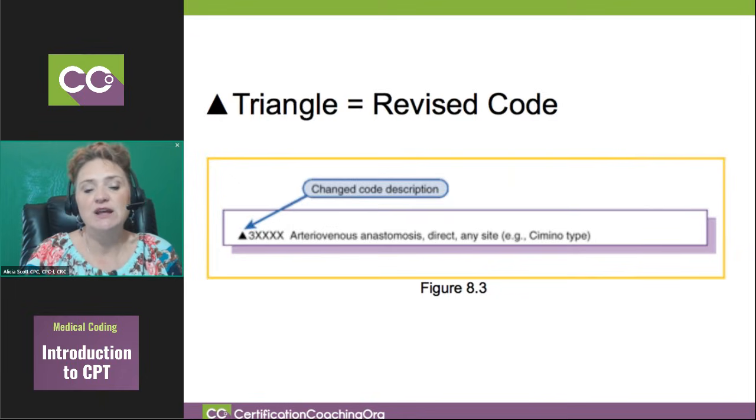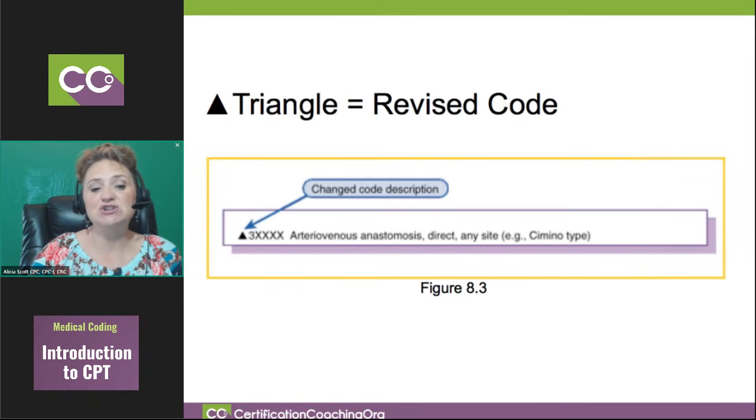That triangle, again, means it's a revised code. Usually this has something to do with the description, the verbiage in the code itself. And there's lots of examples. Just flip through.